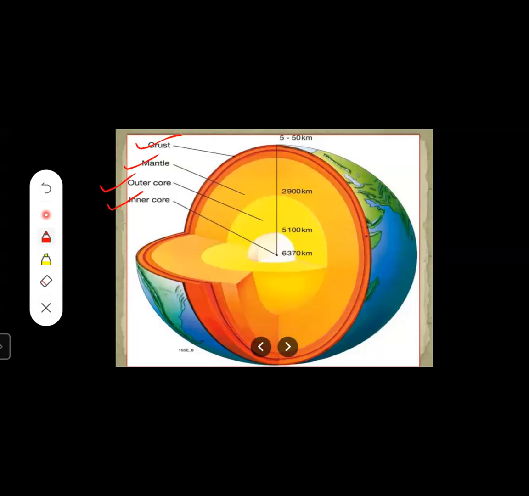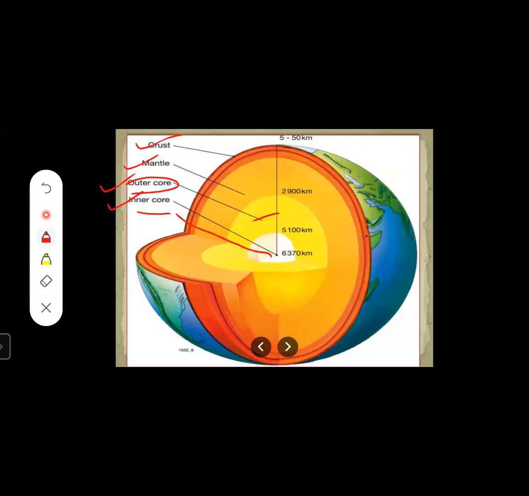4 main layers. The dense, hot inner core, that is inner core, this one. Yes, it's a hot and dense inner core. The outer core you can see, it is known as the molten outer core, which is in yellow color, this one.